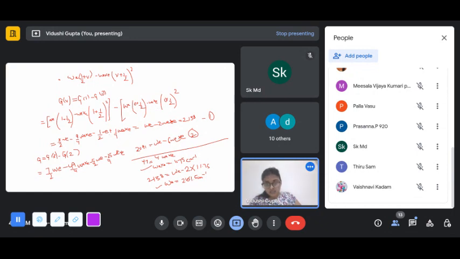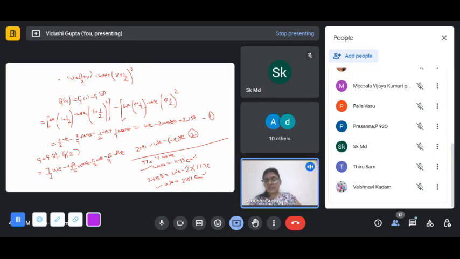After solving it, 3 by 2 omega e minus 1 by 2 omega e will be omega e, and minus 9 by 4 omega e x e plus 1 by 4 omega e x e. So it will be omega e minus 2 omega e x e, and the value of the wave number was given to be 2138. So this will be your first equation.